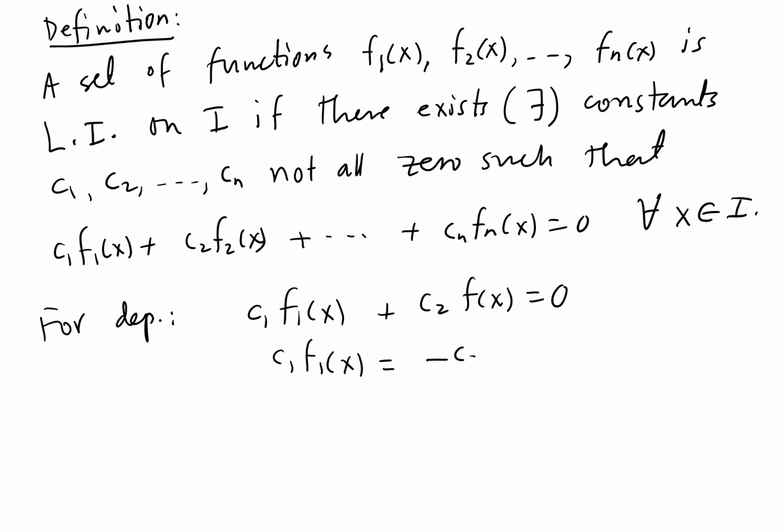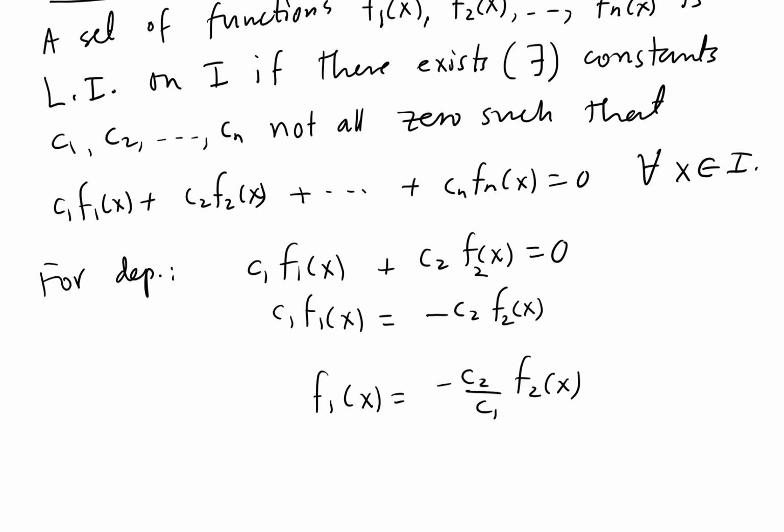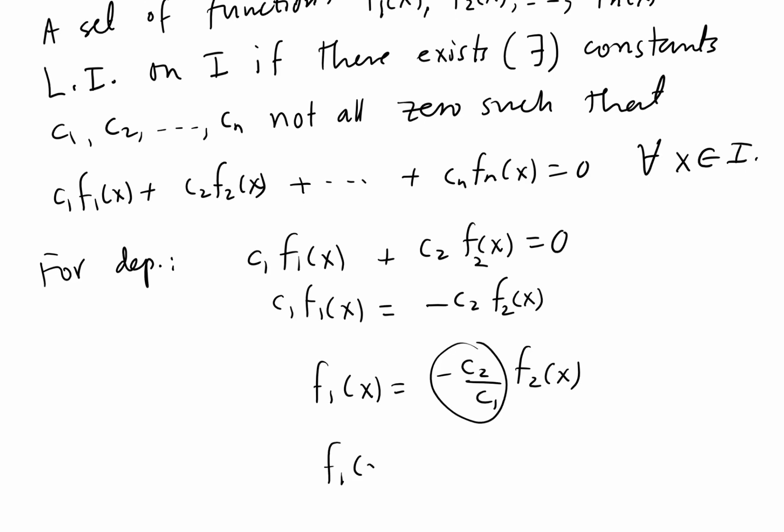Let's say I want to solve for f1 of x by dividing by c1 first, and this is simply a constant, so f1 of x is k times f2 of x, so one of them depends on the other. So that's for linearly dependent: if one function can be written as a multiple of the other function.